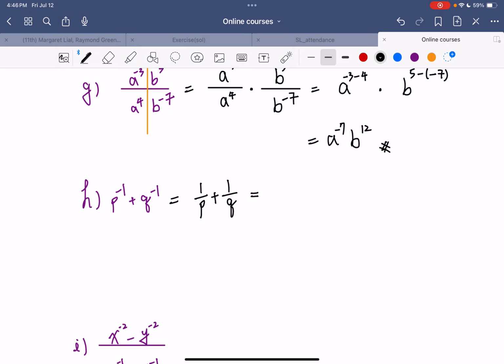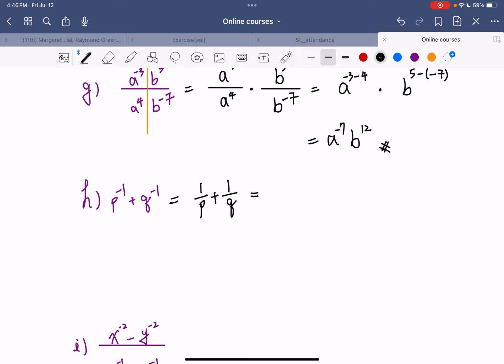Okay, and here for the denominator we multiply each other, so we got p times q, and for the numerator we got q plus p. And how did we get this? Let me explain. 1 over p plus 1 over q, we can write it over pq.